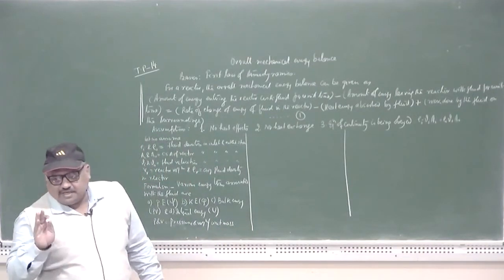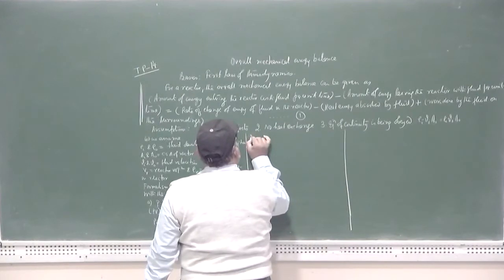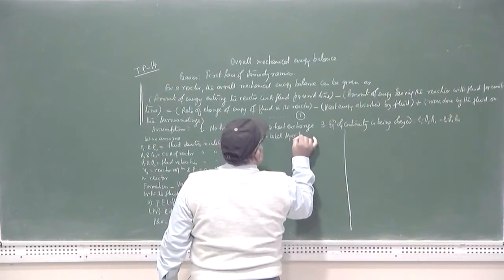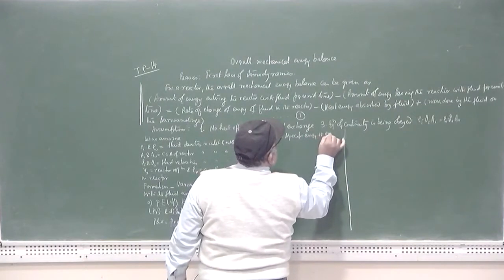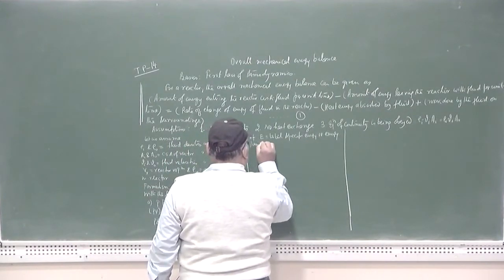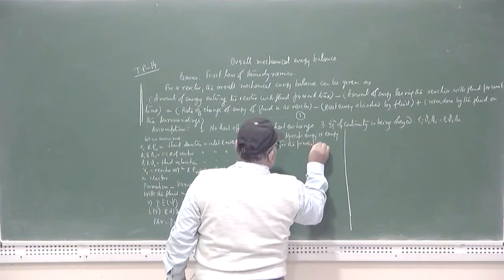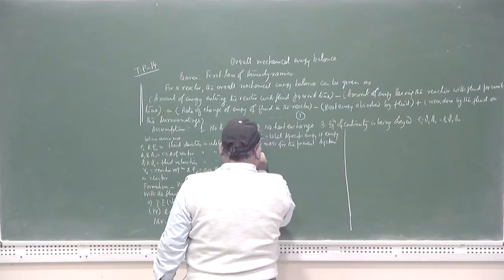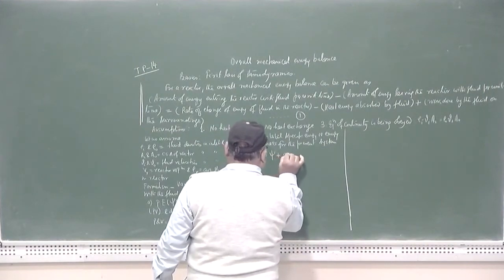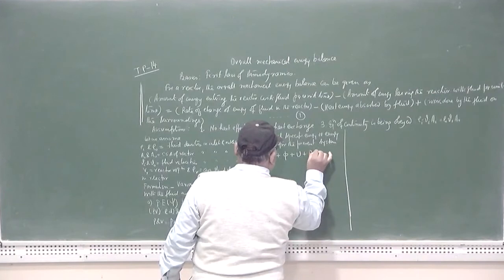So, if I am denoting the letter E for specific energy, if E is the total specific energy, that is energy per unit mass for the present system, then we can write E is equal to the potential energy psi plus the kinetic energy phi plus the internal energy U plus the bulk energy PV.